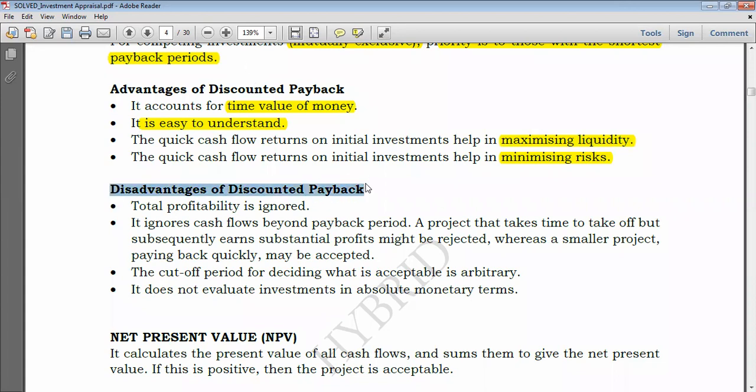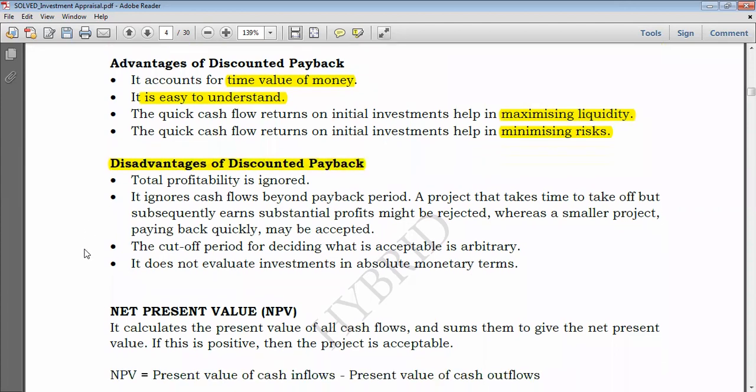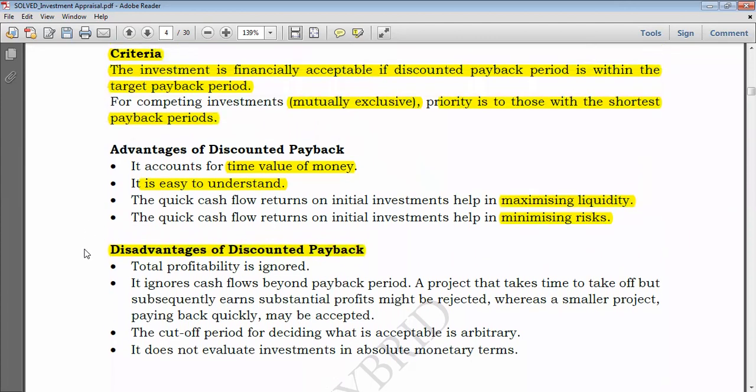All right, disadvantages of discounted payback period here. What are the disadvantages of discounted payback period? First of all, we say total profitability is ignored. Of course, it ignores profits because it only deals with cash flows, but profits are just a part of the business. And you may not have received the cash, but you could receive it late in the later periods.